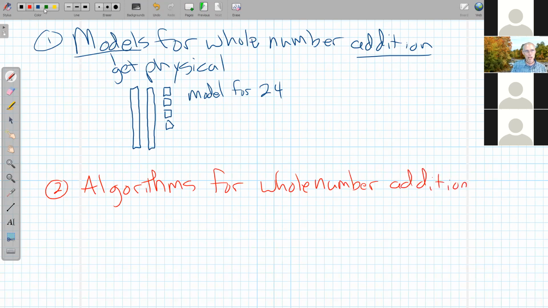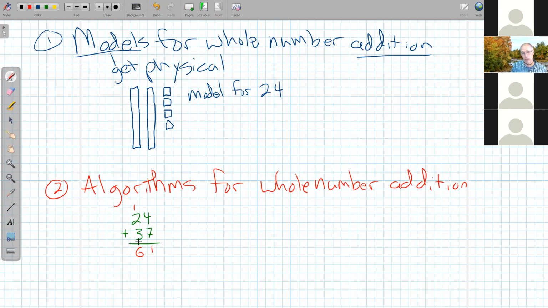So examples of algorithms are if somebody says, please add 24 to 37, I might stack them like this and then say, let's see, 4 plus 7 is 11, write the 1 for the 10 up there and the 1 down there. And then 2 plus 3 plus 1 is 6, so my answer is 61, okay?